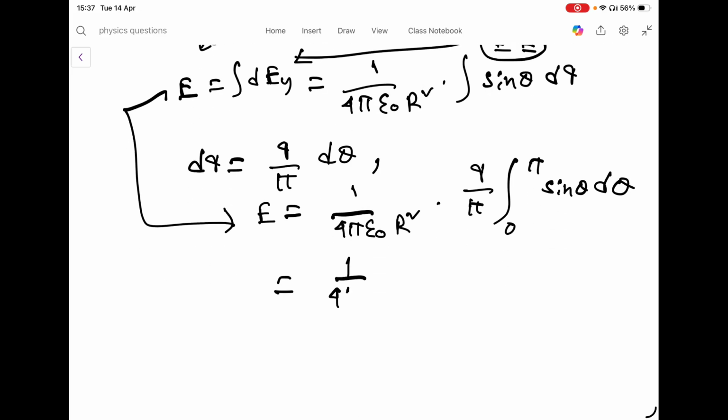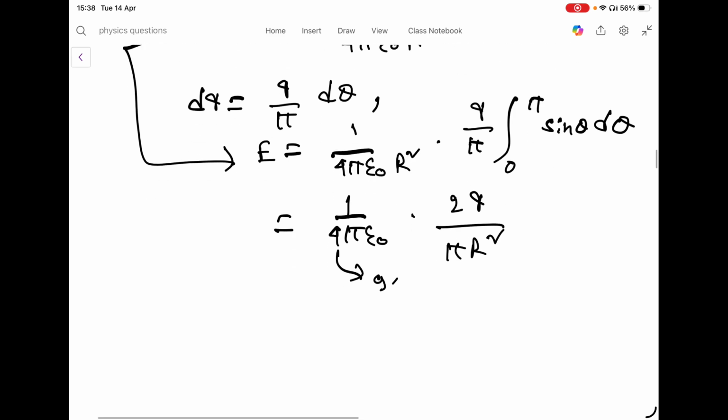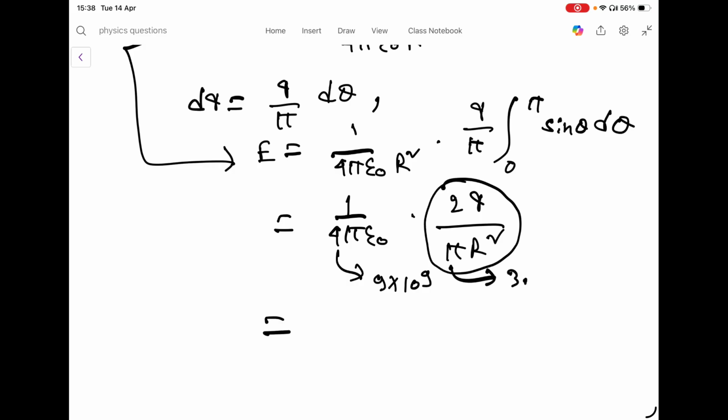So it will ultimately become 1 by 4 pi epsilon naught into 2q by pi r square. And the value for 1 by 4 pi epsilon is 9 into 10 to the power 9. And you know the values of q and r, and pi you can put 3.14. Ultimately you will get the answer. This is not the exact answer, this is an approximate answer. So 100 Newton per coulomb.